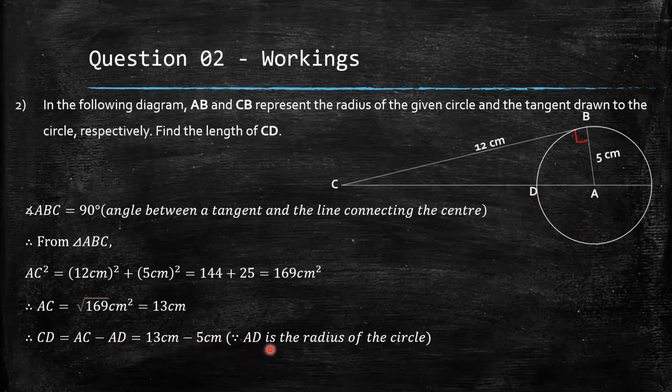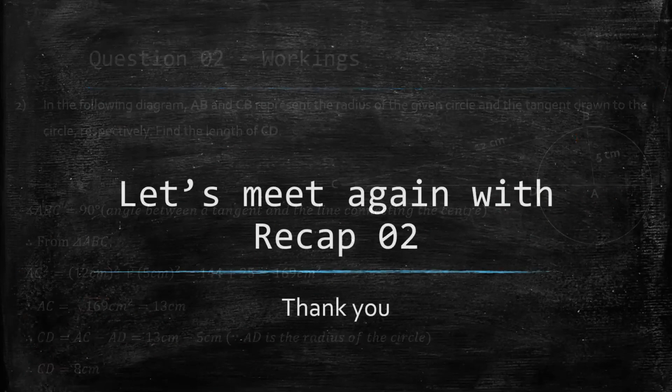AD is the radius of the circle, therefore it is equal to 5 centimeters. So our CD will be equal to 13 minus 5 centimeters, which is 8 centimeters. That is the answer for the question.